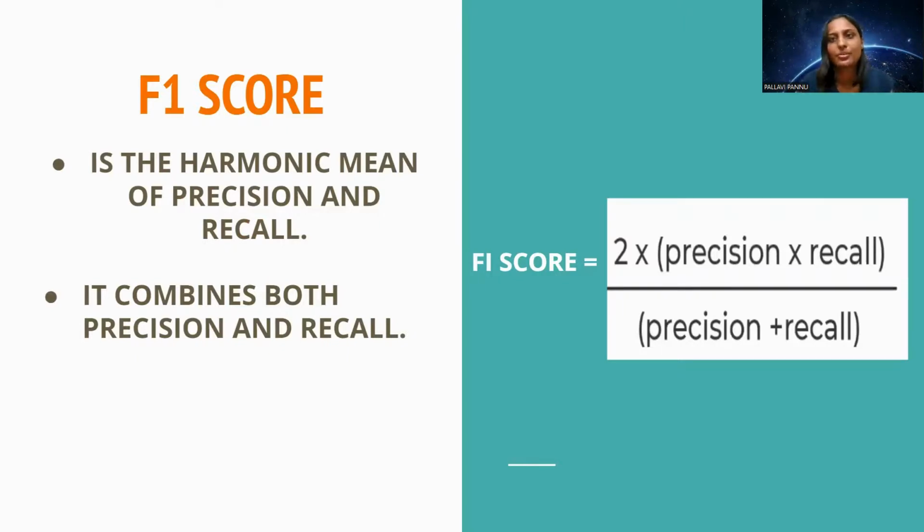So harmonic mean: 1 divided by precision plus 1 divided by recall, which evaluates to 2 times precision times recall divided by precision plus recall. This is the metric for when you are not able to decide which one to choose. So the F1 score combines both your precision and recall. Okay, so that's the metric about the F1 score.